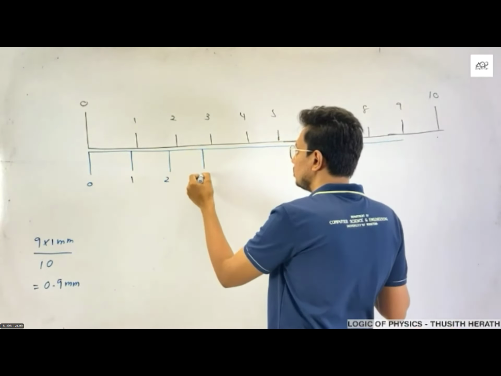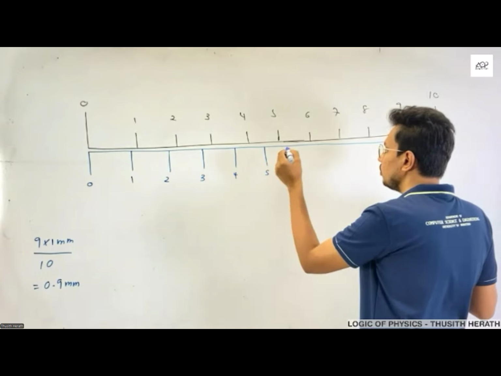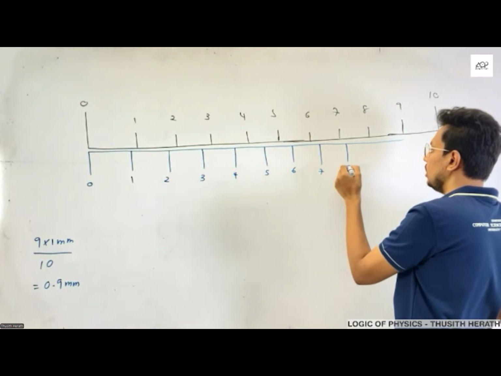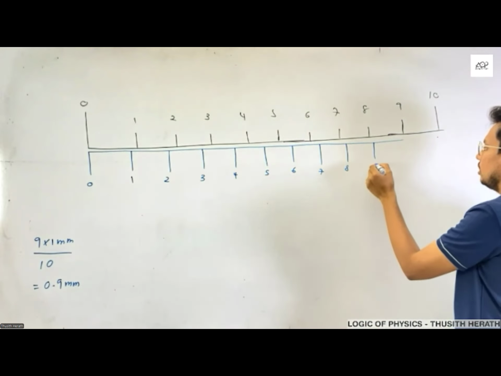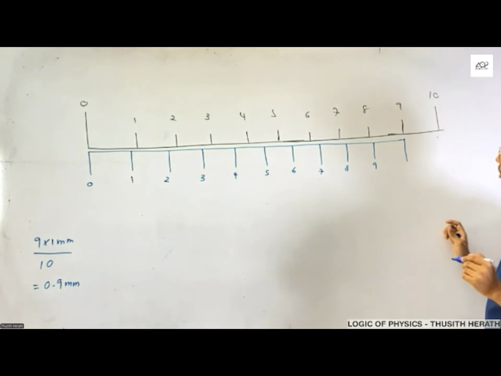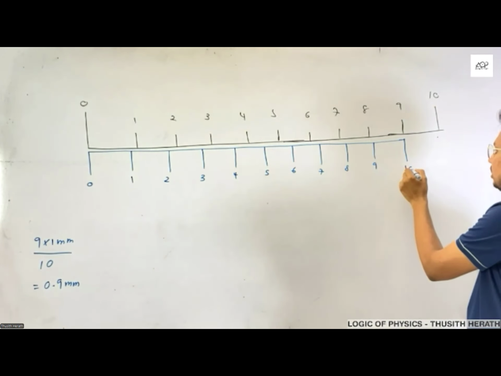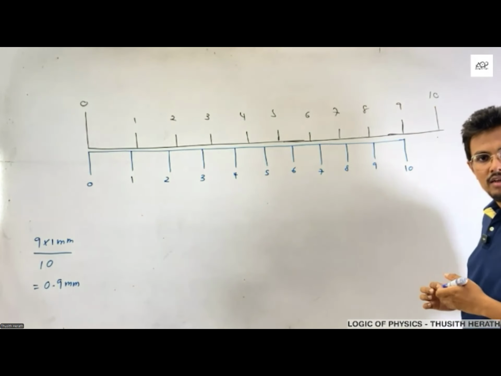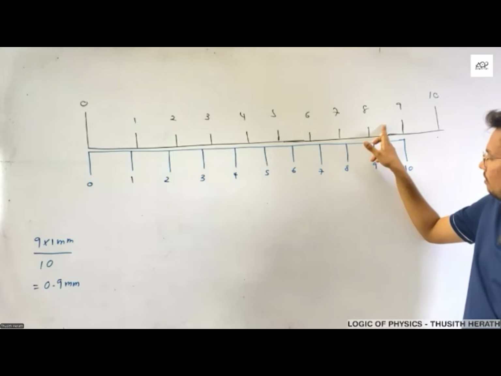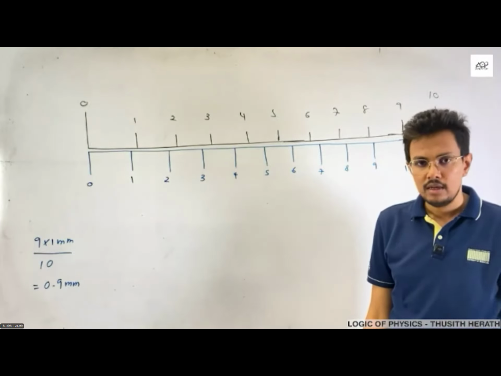Then the third one, fourth one, fifth one, sixth, seventh, eighth, ninth, and the 10th one should coincide with the ninth line of the main scale. Correct? Yes. Initially, we said that 9 main scale divisions are divided into 10 equal parts. Got it?